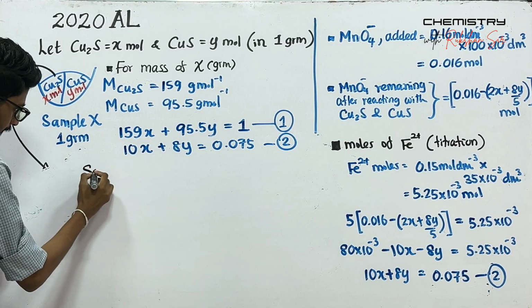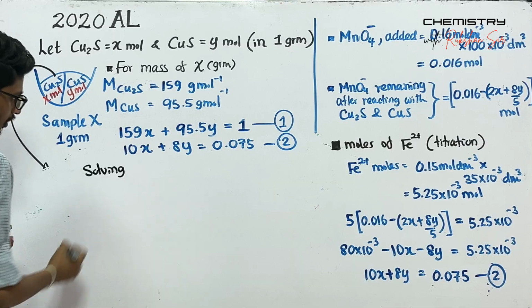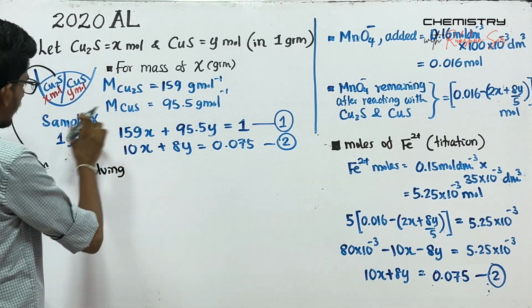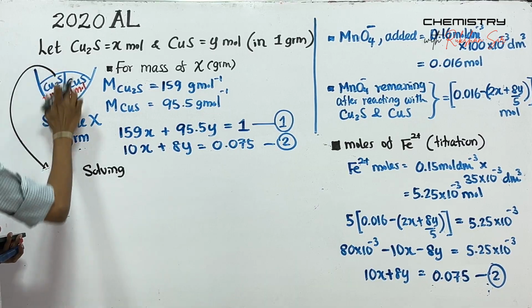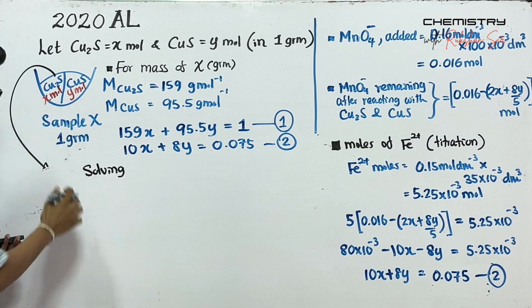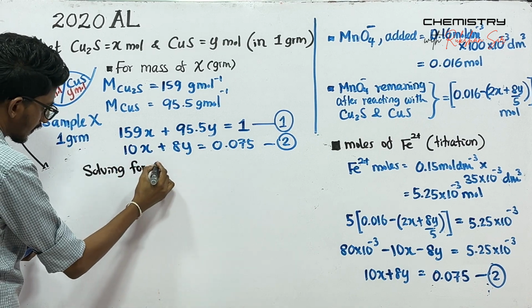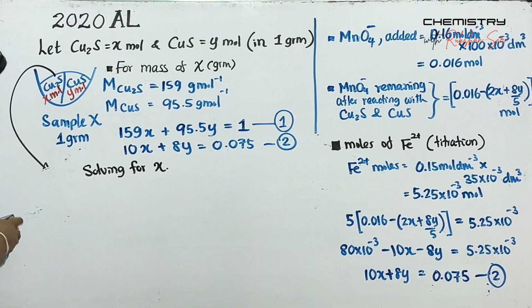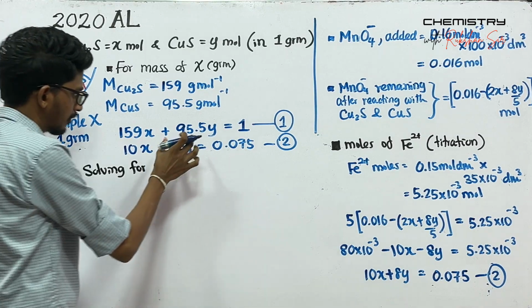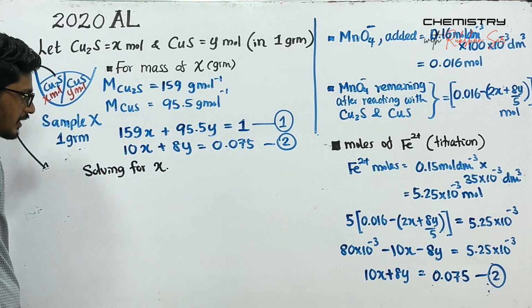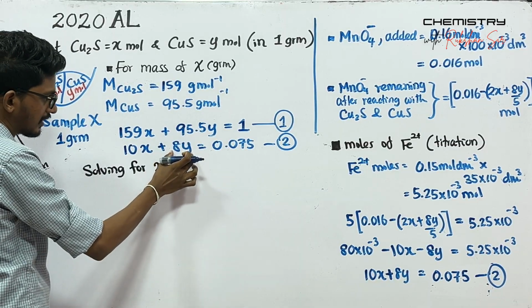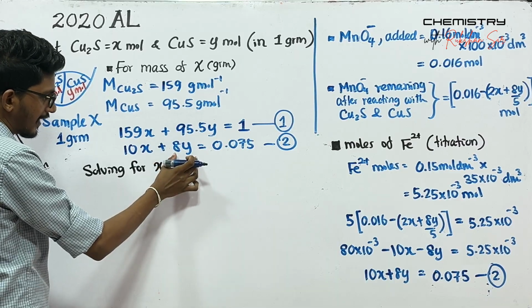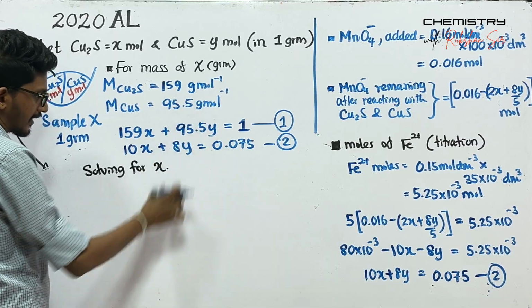Let's try to solve these two. So solving only for x is enough, right? Because what they are asking is only for the mass percentage of Cu2S, no? Let's try to solve for x, right? So we need to get rid of y. To get rid of y, we can multiply this one with 8 and this one with 95.5, right?